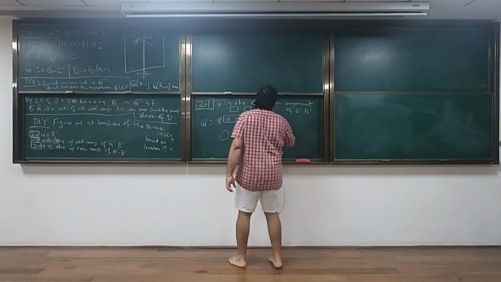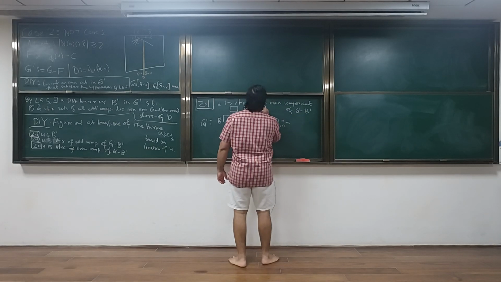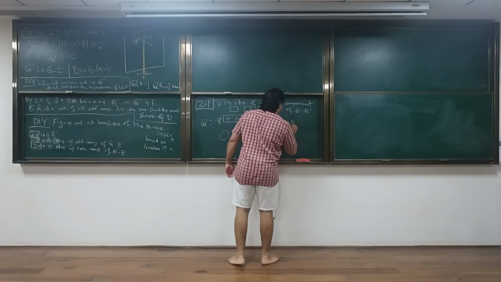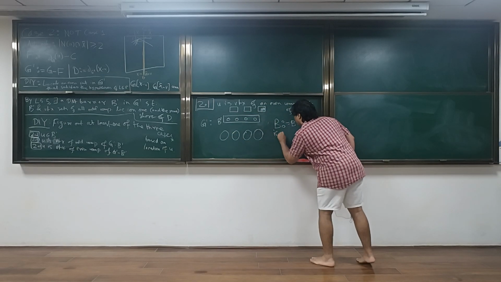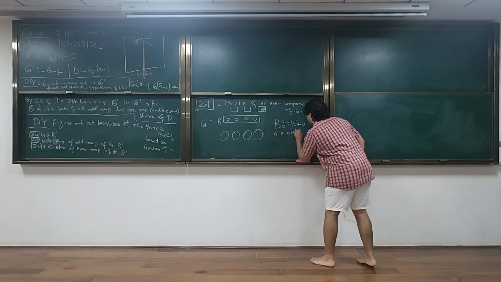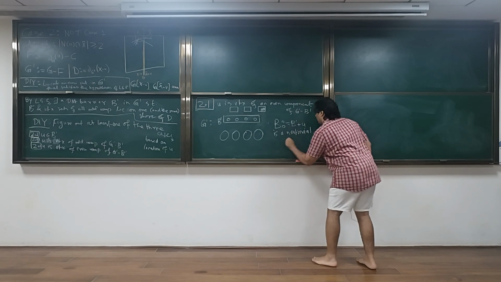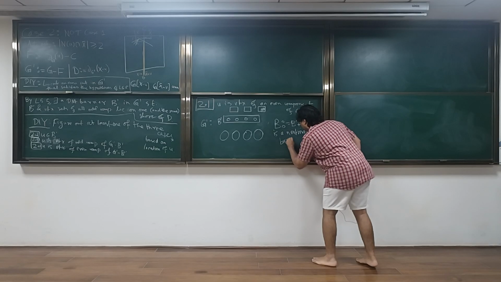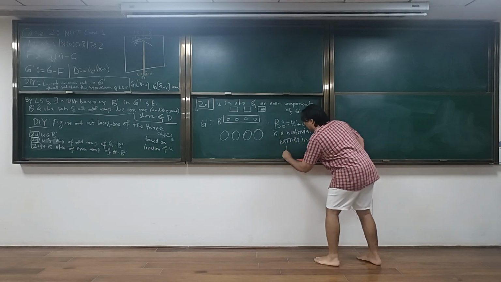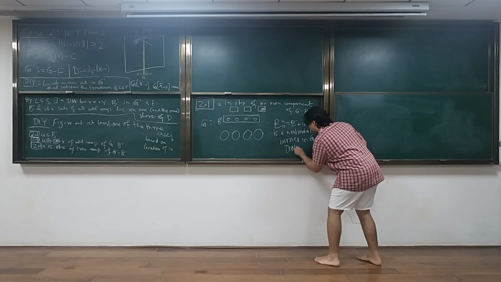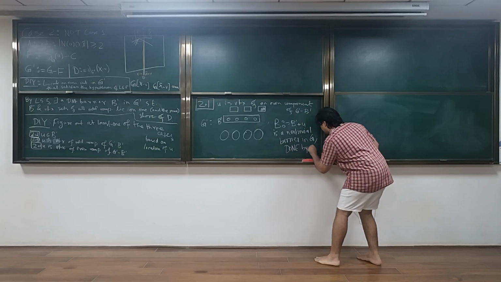Observe that B prime plus U is a non-trivial barrier in G, done by star.